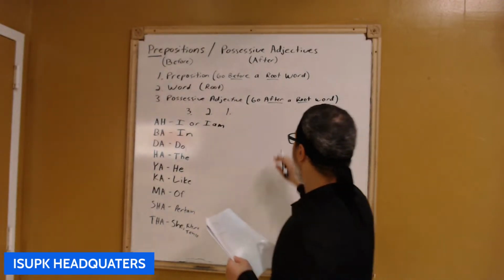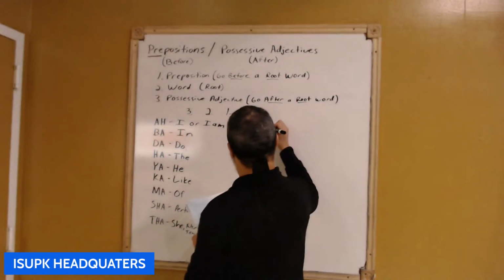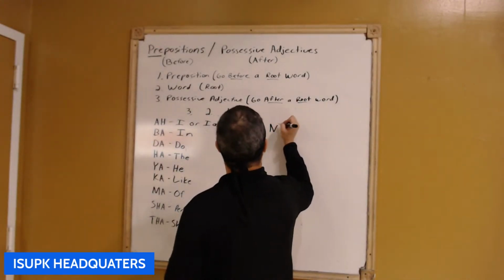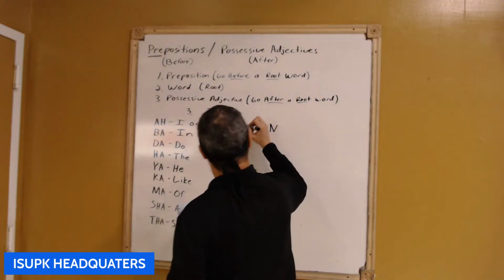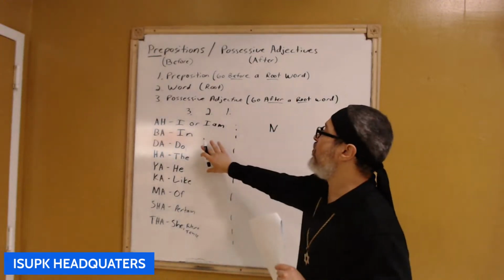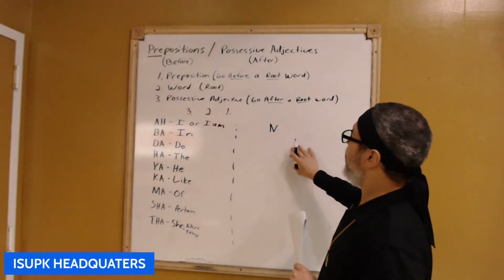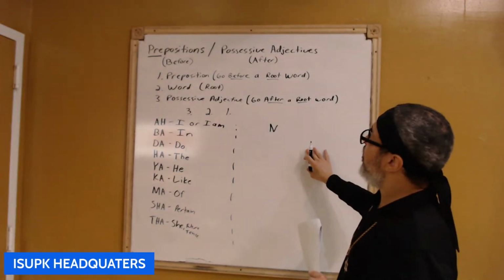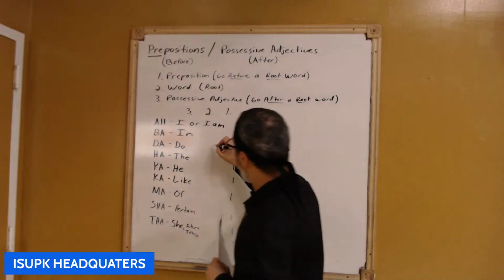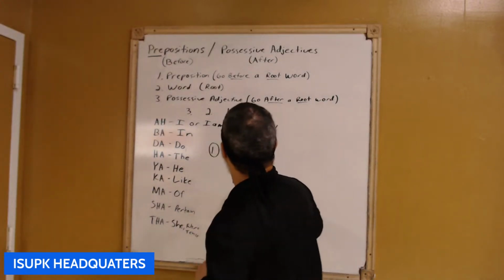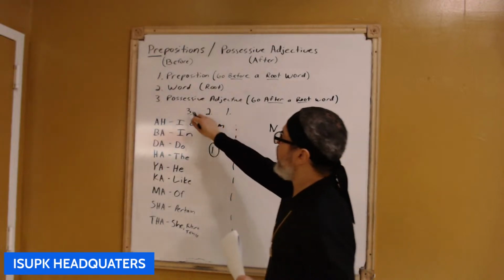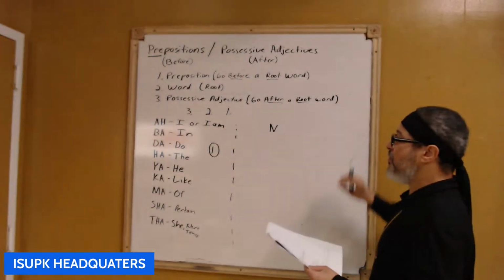So we're going to go with the first one. I'm just going to put a separation so you see this is the pre and this is the possessive adjective. These are all the ones, and now we're going to focus on the threes over here.